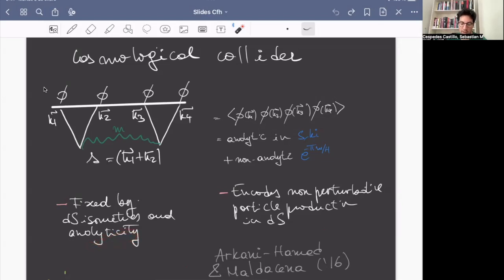For example, this 4-point function can be decomposed into 2 pieces, one which will be analytical in the external momentum and also in the exchange momentum that I'm calling S, but also there will be a non-analytical part that will depend non-perturbatively on the mass of the exchanged field. This has important consequences because then we potentially can obtain crucial information about this mass encoded in the past.